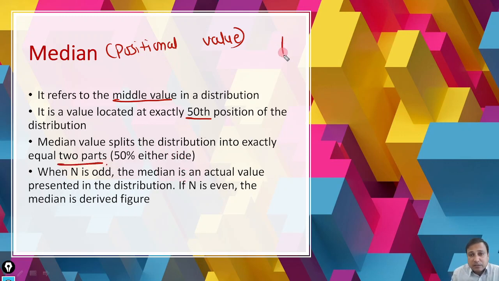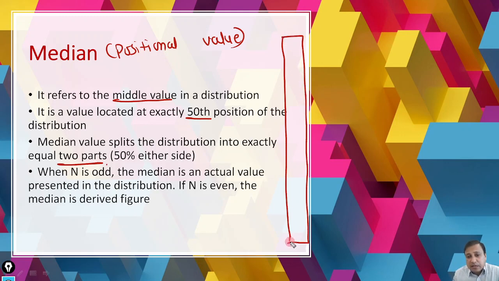What does that mean? Suppose I have data that starts from 1 and ends at, say, 100. Just an example. Now there are some formulas for the median, using which I compute a particular value, and that value stands exactly at the 50th position.